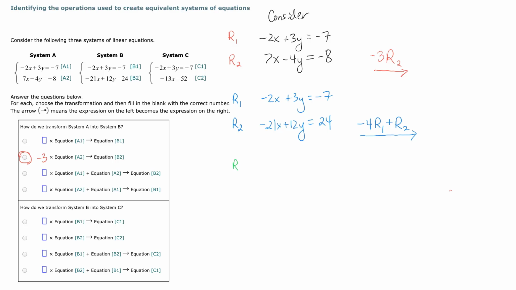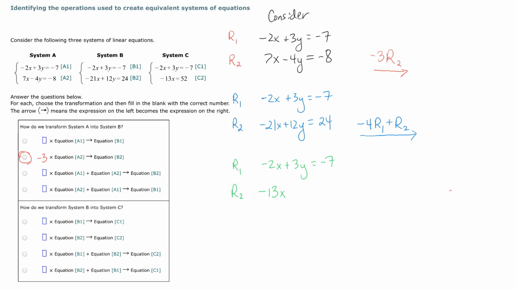Notice, according to our elementary row operation, row 1 does not change. That's negative 2x plus 3y is equal to negative 7. And then we're going to do negative 4 times row 1 and then add it to row 2. No problem, piece of cake. 8 added to negative 21, negative 13.